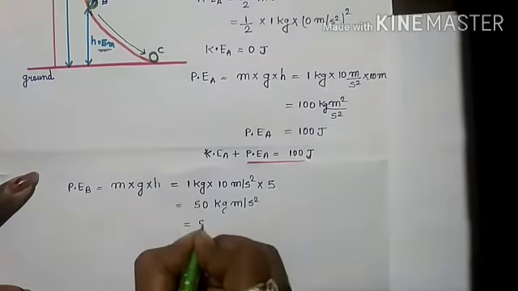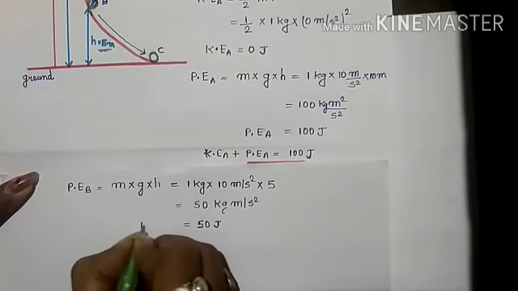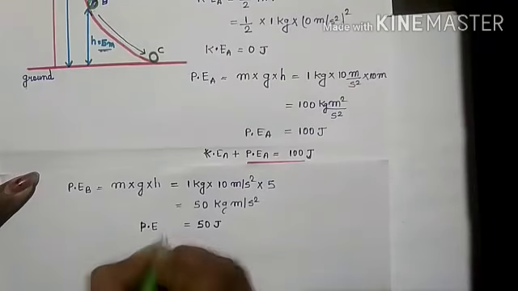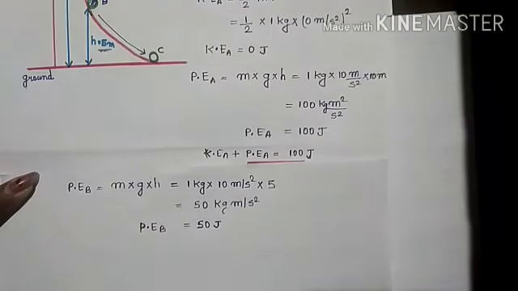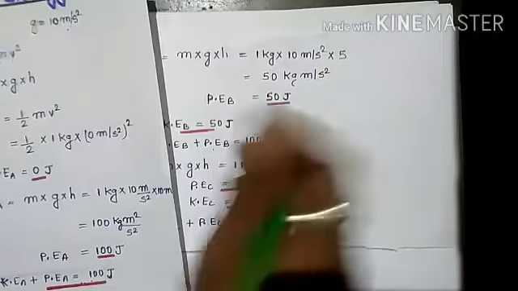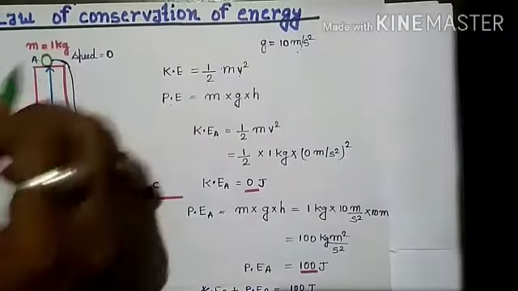Now after multiplying we get 50 joule. This is the potential energy at B. Earlier it was 100 joule. Now the potential energy has reduced to half of its value at the top.